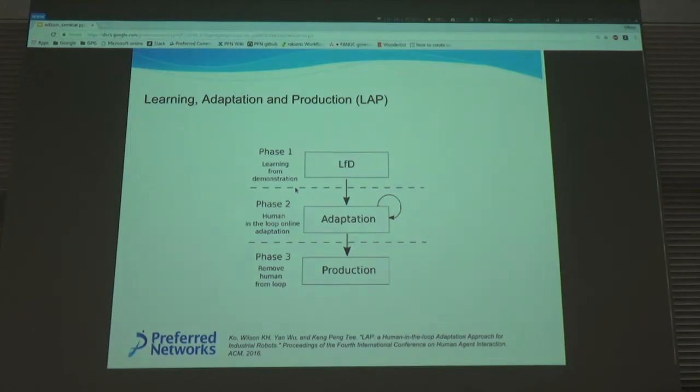As you can see, it consists of 3 phases, namely the learning phase, adaptation phase, and production phase. In the first phase, I just used existing ordinary learning from demonstration algorithms to learn an initial task. And if the user is happy with this task, he can immediately go to phase 3 and use it for production.